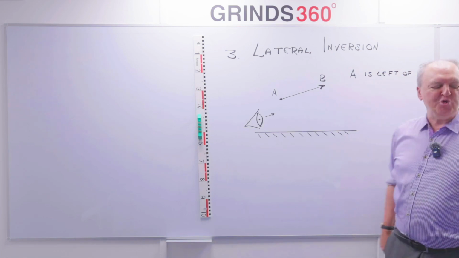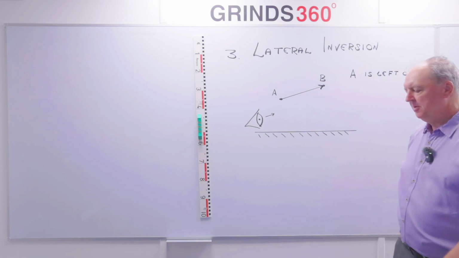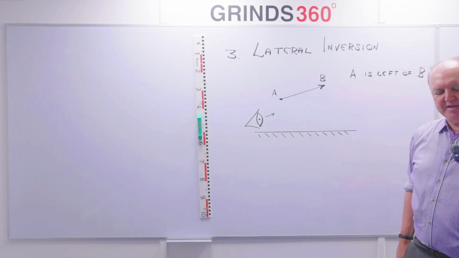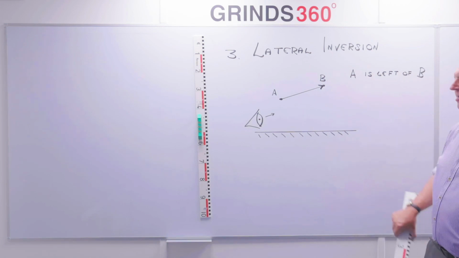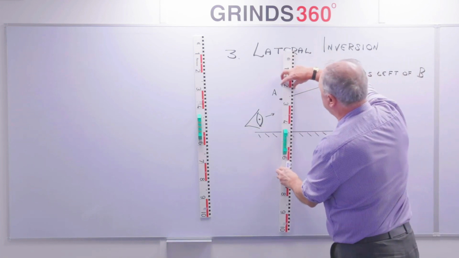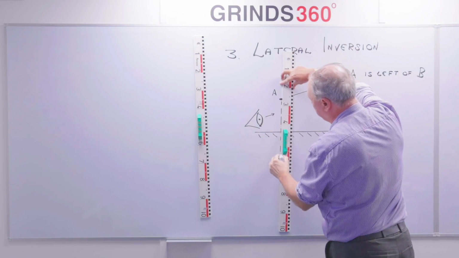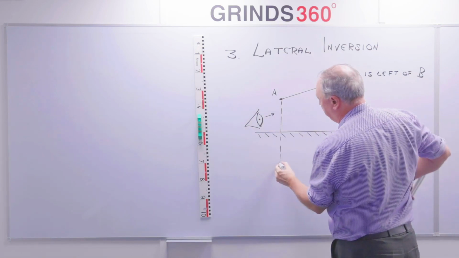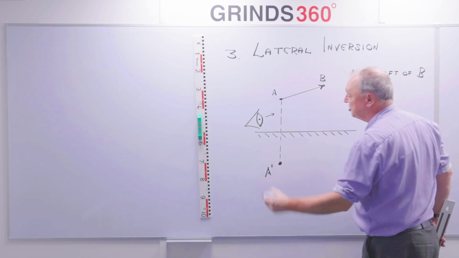Now I want to look at the image of that arrow in the mirror. Well, I've already said this, haven't I? Where does A appear in the mirror? Well, A is going to be as far behind the mirror as the object is in front of it. So there's the image of A. I'll call that A dash.